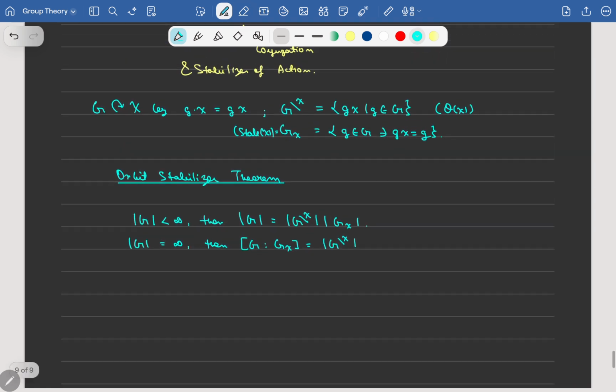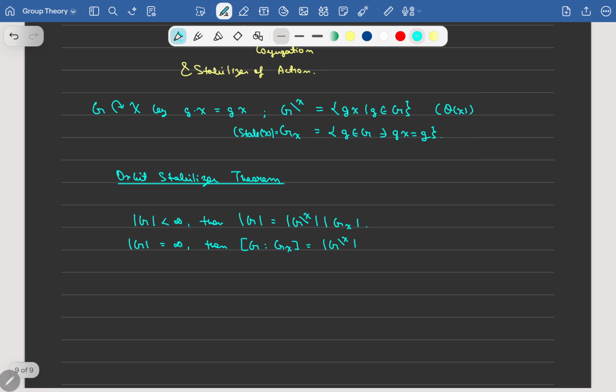Now something which you can easily observe is that if this action is by conjugation, then these orbits are exactly the conjugacy classes of the element x, and the stabilizers are all those elements g in G such that g x g inverse is exactly equal to x.